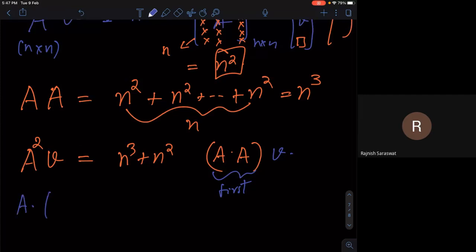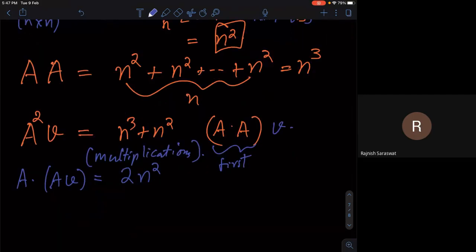Yeah. So if I do A into AV, how many multiplications? That would be 2n square. So which is better? Obviously, we have to choose this. This is a better method.